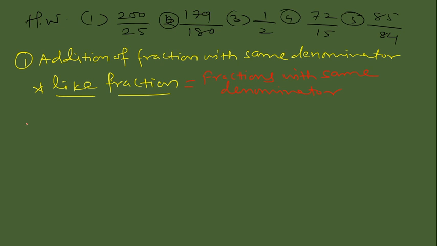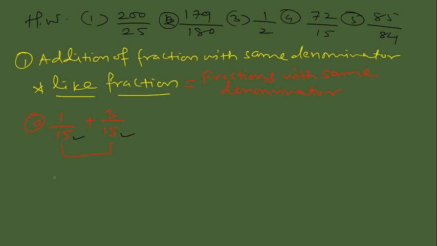So we can add these like fractions, as an example, 1 by 15 plus 3 by 15. Now in these kinds of questions, remember to count the denominator. Here 15 comes two times, here one and here one.